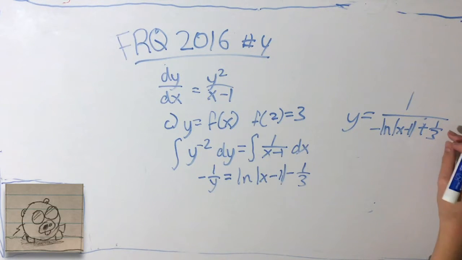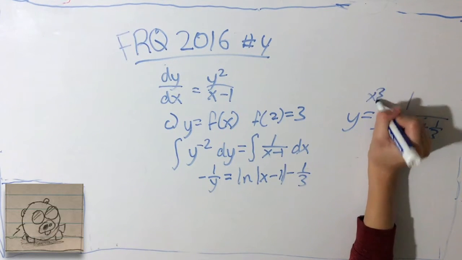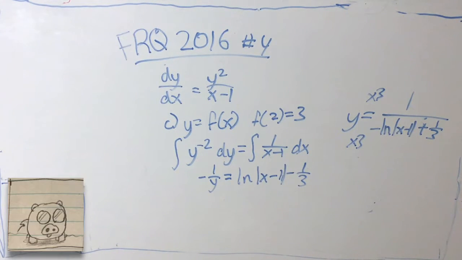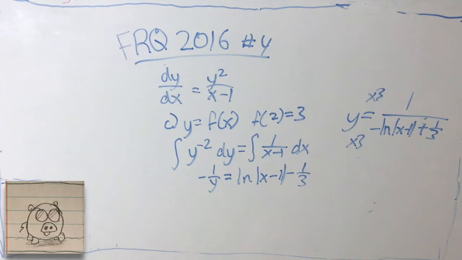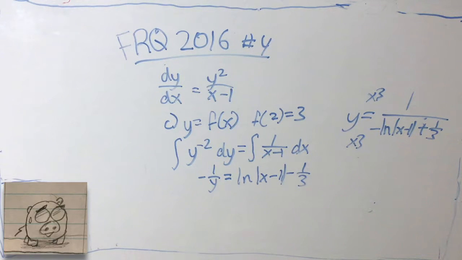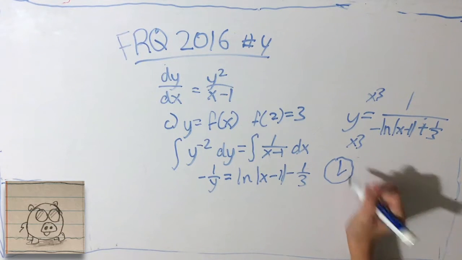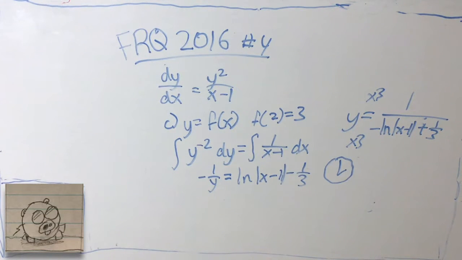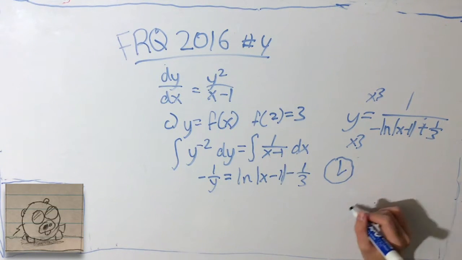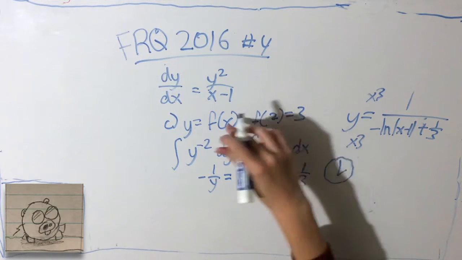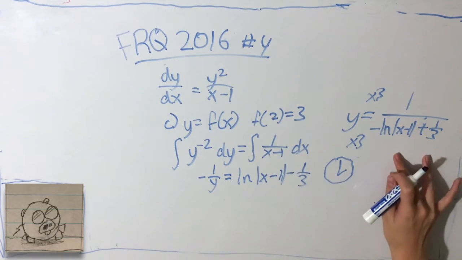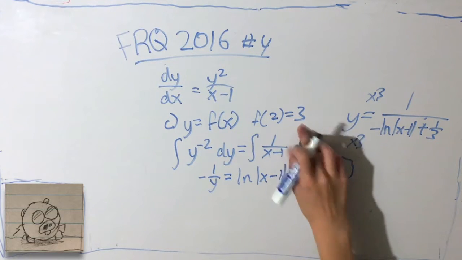Notably, you could get rid of the fraction in the denominator here by multiplying top and bottom by 3. But the AP grading guidelines do not show that step, so it's likely that you can decide not to do it on the actual test. Also, as a final note, if you happen to have time left over, a great way to check these types of questions is by plugging the given coordinate point into your new equation and seeing if it pops out the right y value.